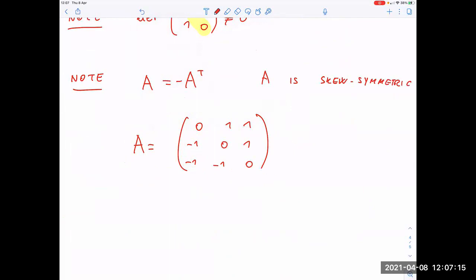So what happens about skew-symmetric matrices? Well, we need the fact that the determinant of A is equal to the determinant of A transpose. This is always true. This is a fact about the determinant of a matrix and the determinant of its transpose.